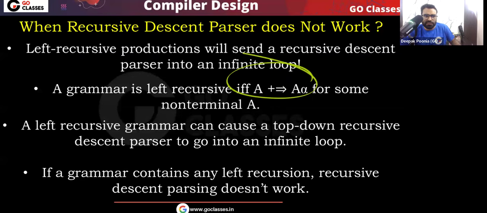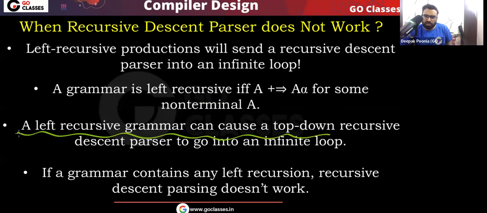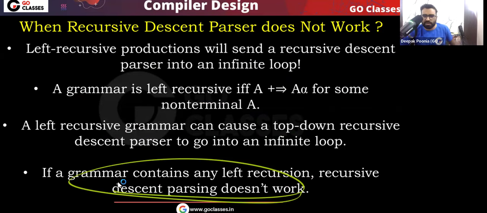This type of derivation, if it is possible for at least one non-terminal, then the grammar will be called left recursive. A left recursive grammar can cause a top-down recursive descent parser to go into an infinite loop. If the grammar contains any left recursion, then recursive descent parsing does not work.